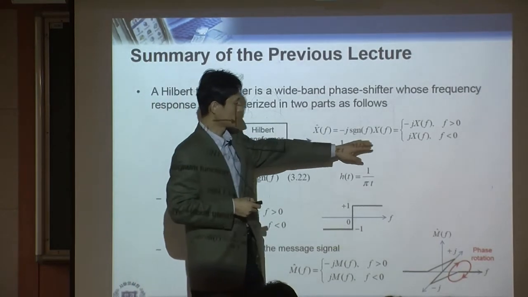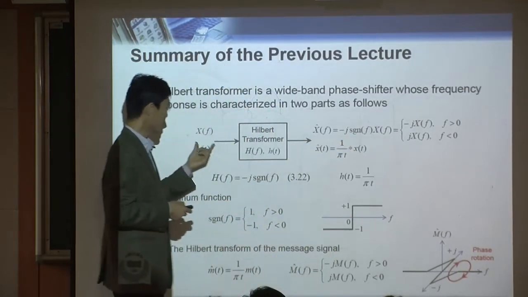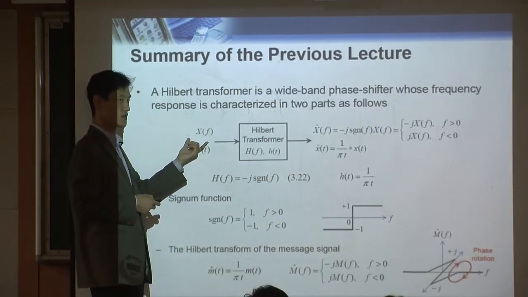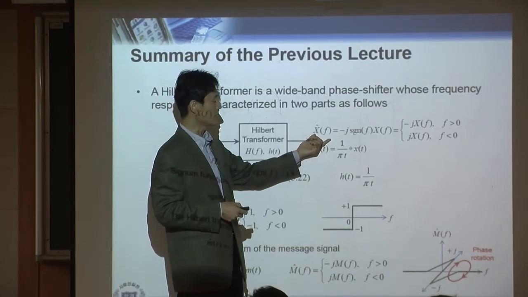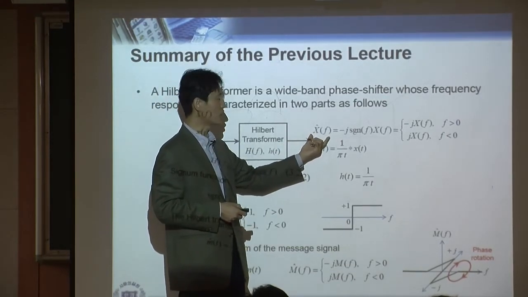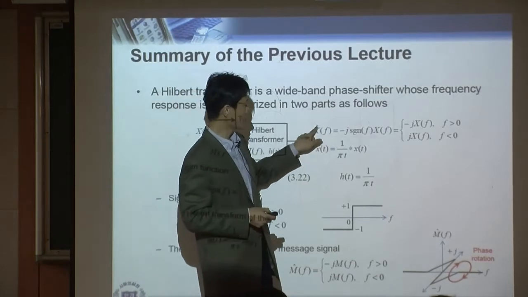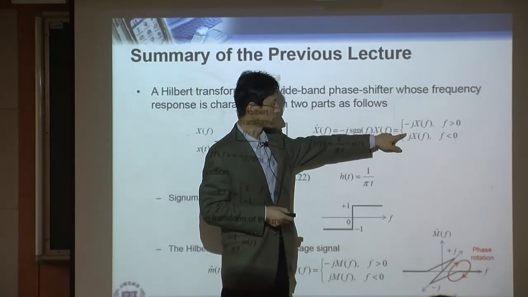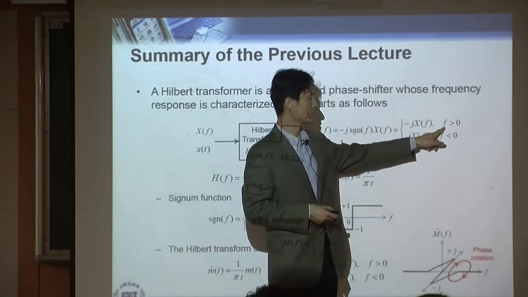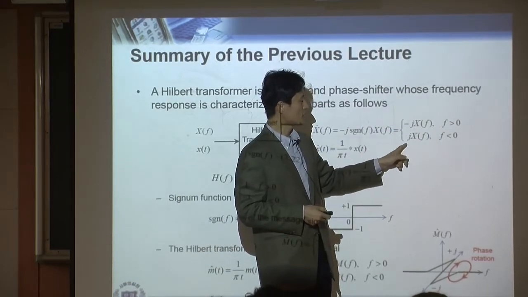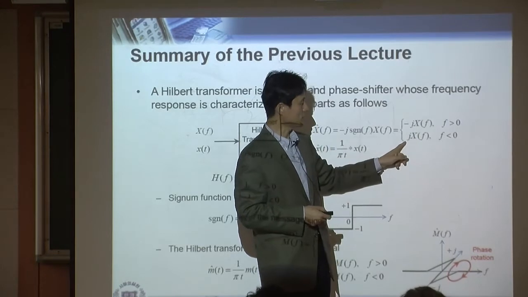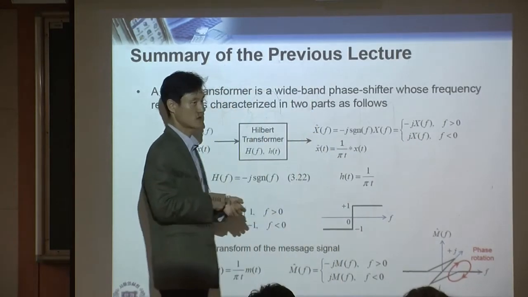As you can see here, if X(f) is the frequency response of your input signal, then X hat(f) is the frequency response of your output signal. The output signal looks like this: if the frequency is positive, you have a minus 90-degree phase rotation, and for negative frequency, it's a plus 90-degree phase rotation.